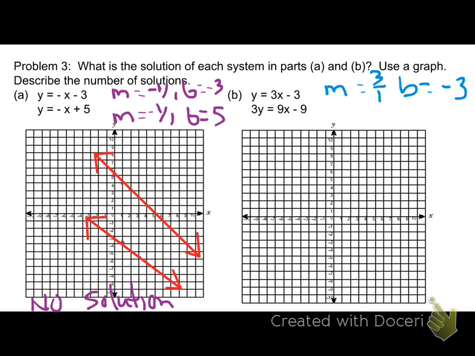Second equation. 3y equals 9x minus 9. Is that in slope-intercept form? No. So what are we going to do to make it that way, Carter? Divide by 3. Correct. Remember, you want them to look like this: y equals mx plus b. And remember on division, you do not have to match like terms. You can divide 9x with an x by 3 without an x.